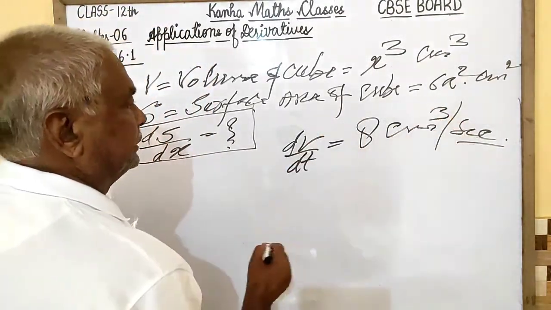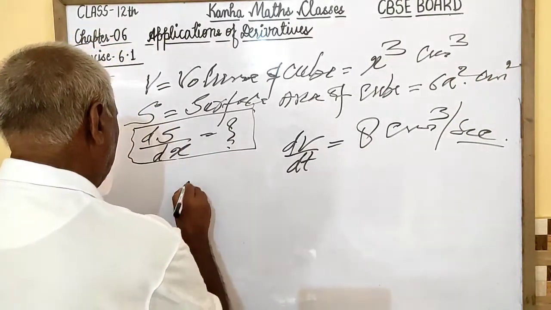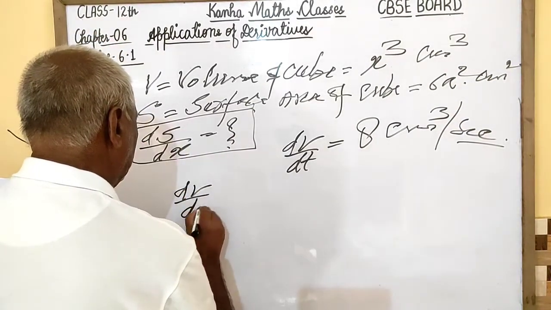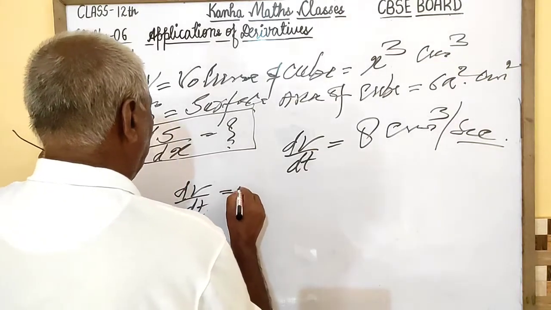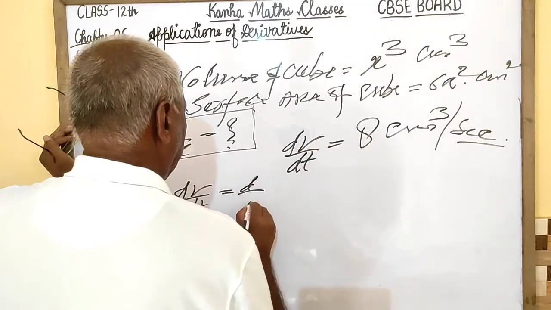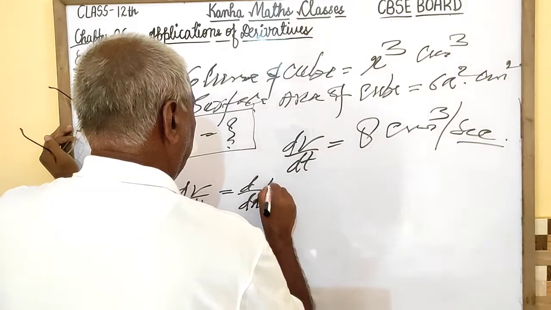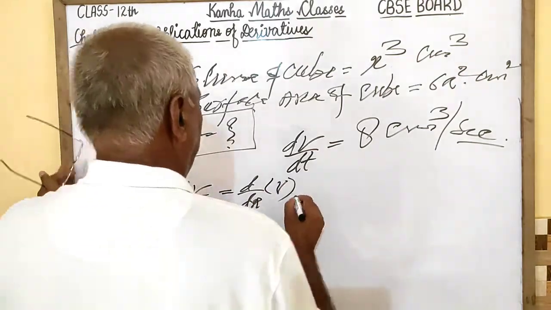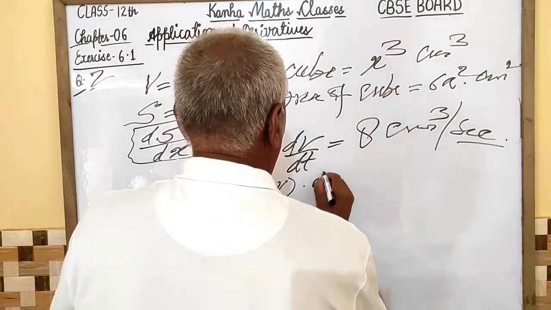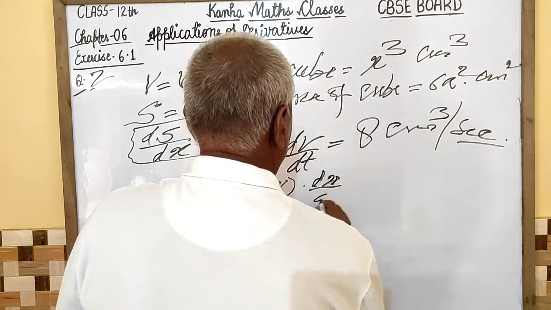Here we have by the chain rule dV by dt is equal to d dx of V into dx by dt.